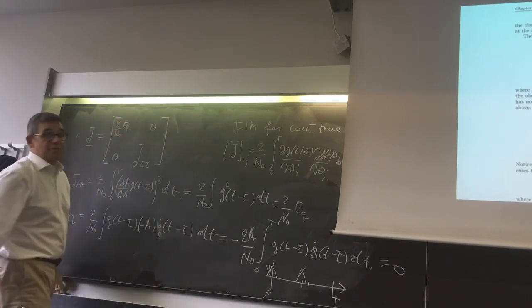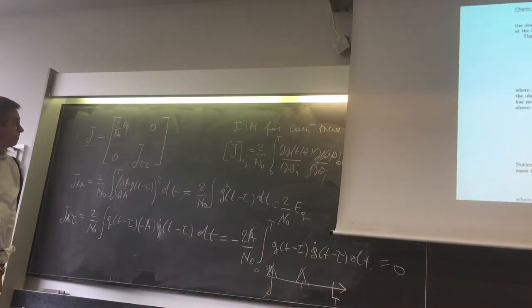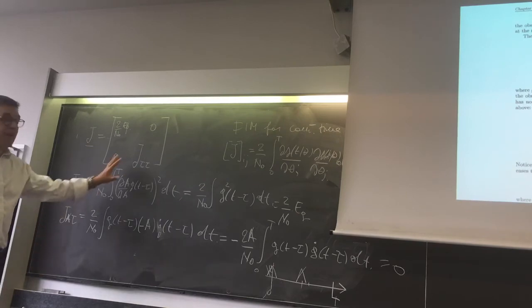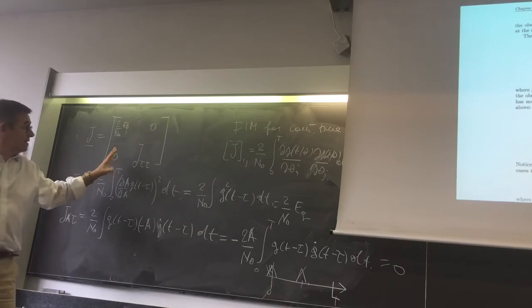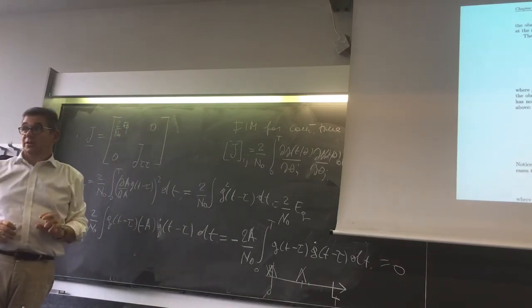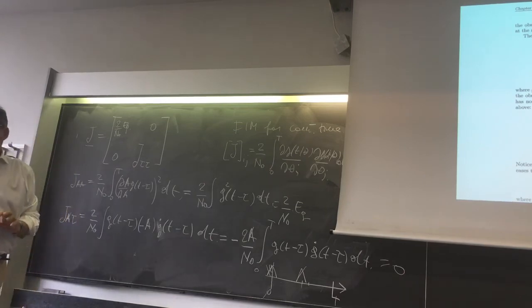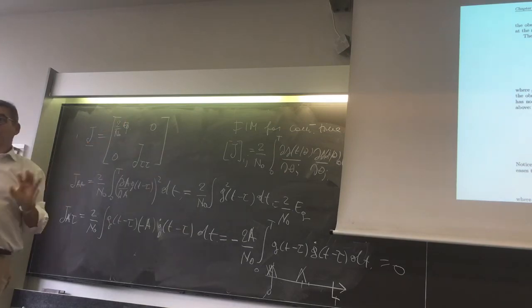And then I have only that one which is different from 0, J tau. So if I'm interested in calculating the variance of the delay estimation, it's enough to get this one. I don't need to calculate the others. In other words, the variance on the delay estimation is the same even if I know the amplitude. It doesn't change because the two parameters are decoupled.